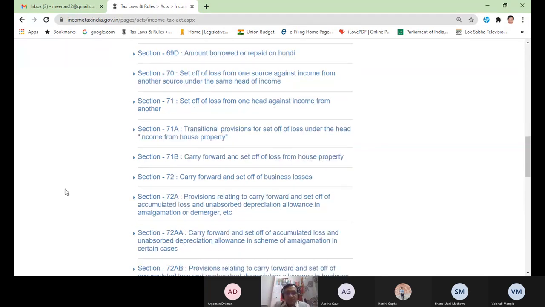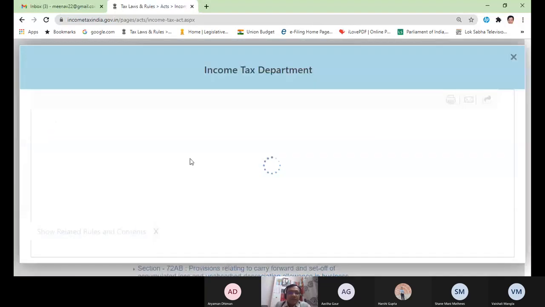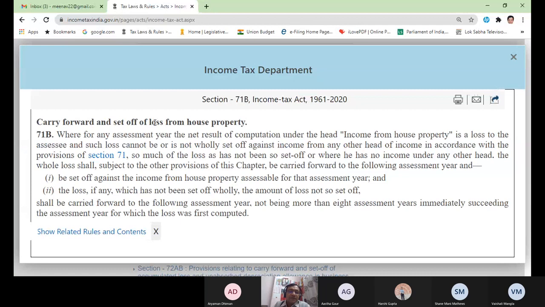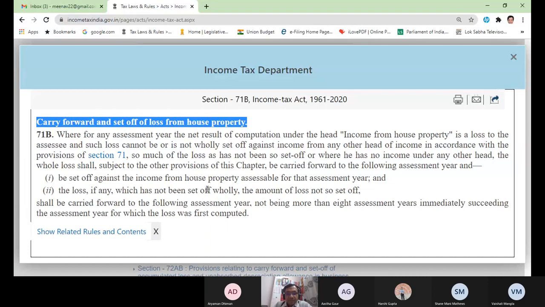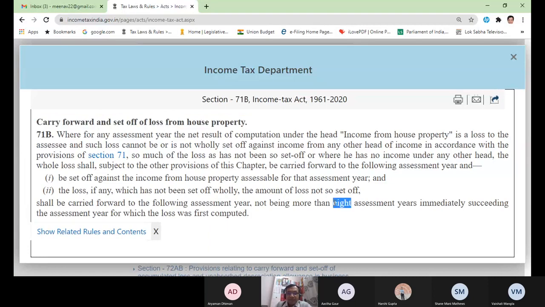Now, the first section was 71B. As you can see, 71B is dealing with carry forward of losses of house property. And you can see all the things are written here. 8 years, I told you 8 years. This is written here.